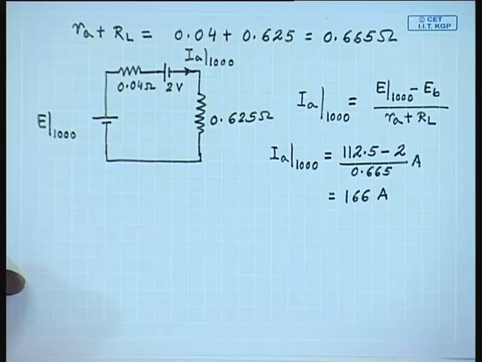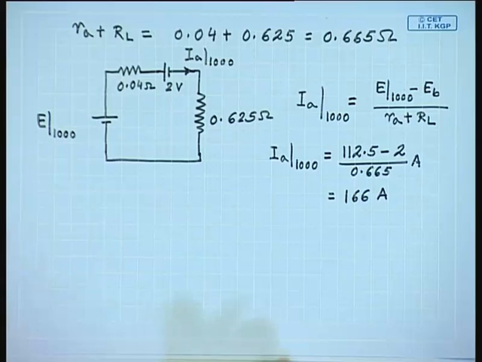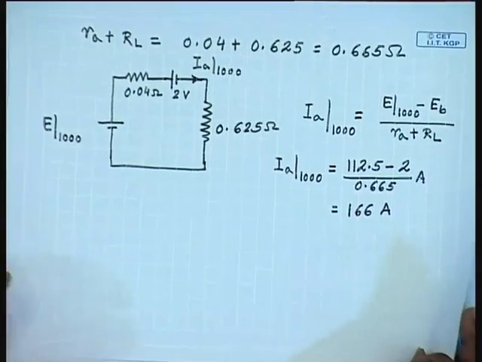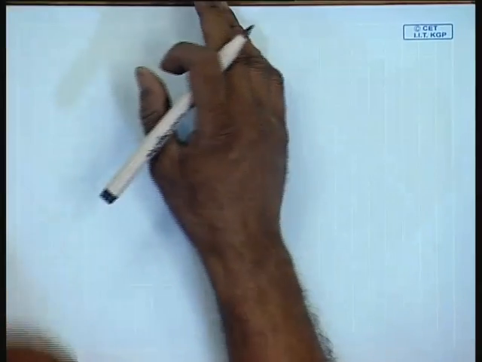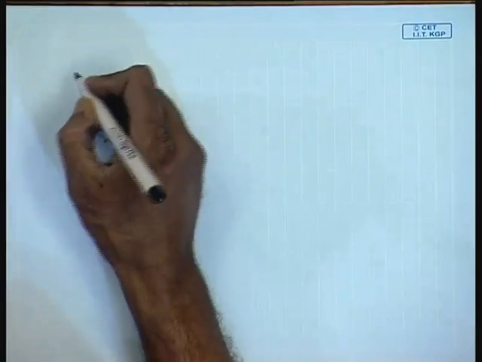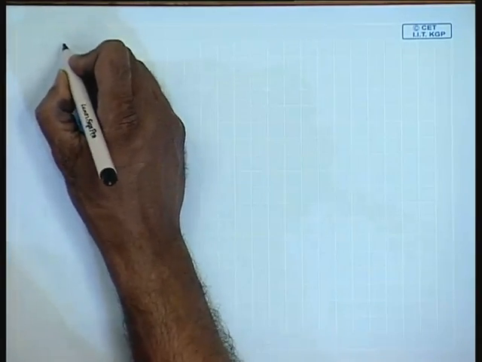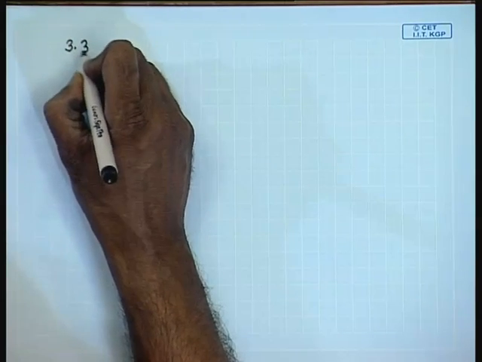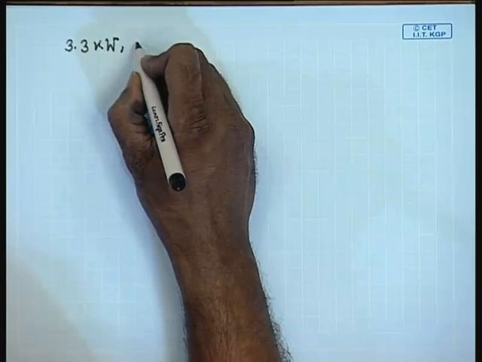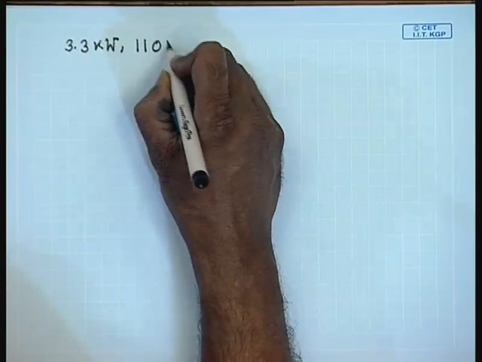However, in this problem we have neglected the armature reaction. Let us try to solve a problem incorporating armature reaction. For this, let us say we have a DC machine whose rated power is 3.3 kilowatt and rated terminal voltage is 110 volts.